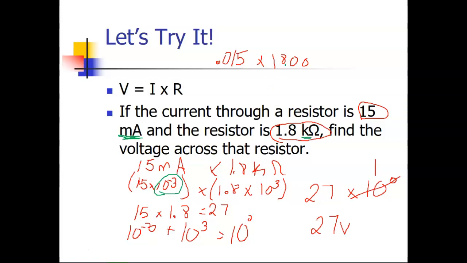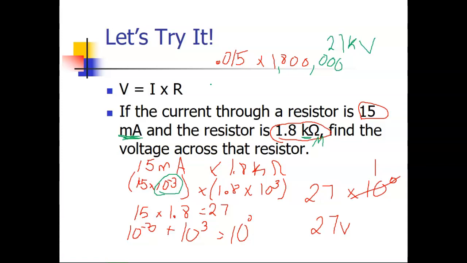If you just take it as 1.8, that's going to get you in trouble, because what if instead of kilo, this was mega? Then you wouldn't be dealing with 1.8 K, you'd be dealing with 1,800,000. That was a mega, right? Which would mean that I'd end up with 27 kilovolts.